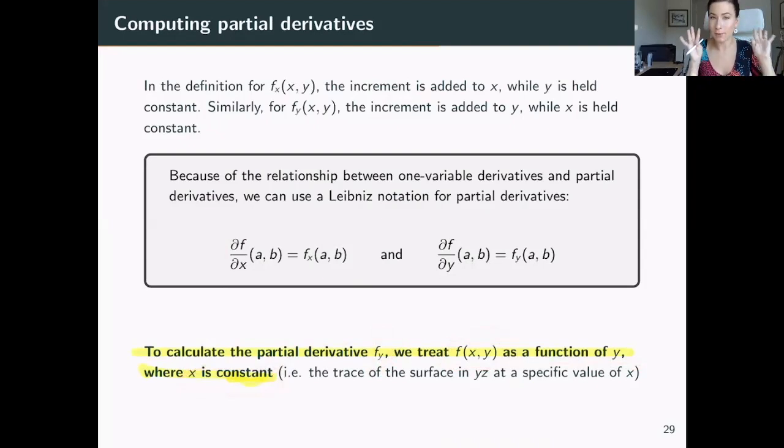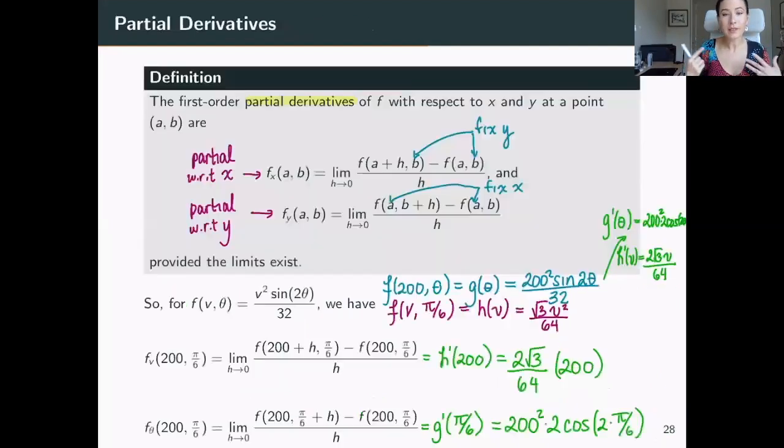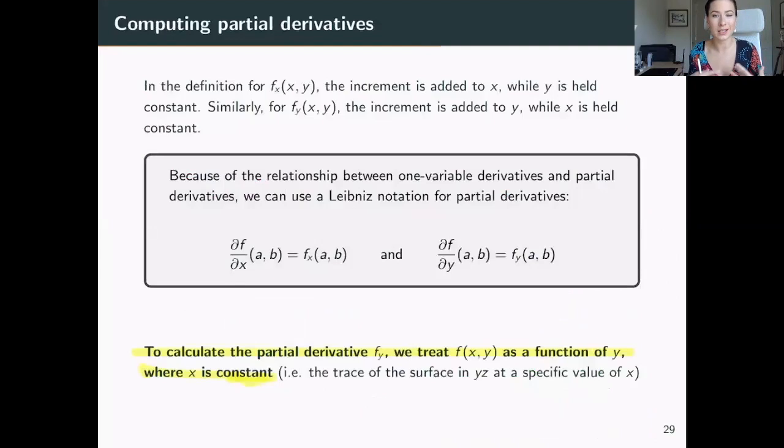So we just view x as a constant because that's what we did in these examples. We viewed our variable theta as a constant and looked at the rate of change at that point. We thought of v as constant and looked at the rate of change at that point. And so with our computations, we're going to do the exact same thing.